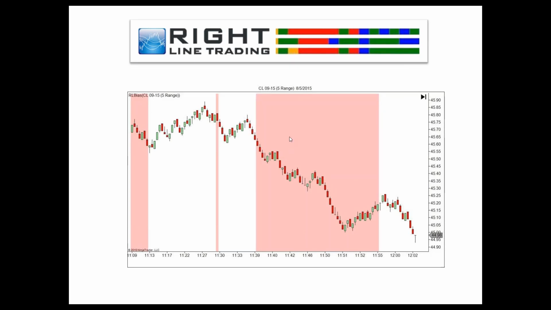Now, what we define as an independent variable is an indicator that predicts price movement, but doesn't use any information from your trading chart, which is the key. If the indicator requires price on your trading chart to fall to signal a short, it has no value.